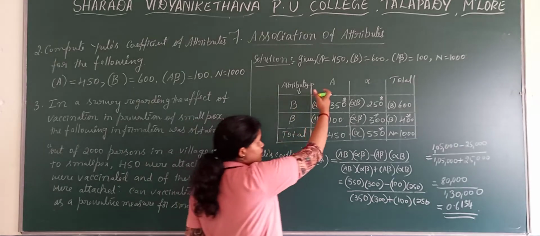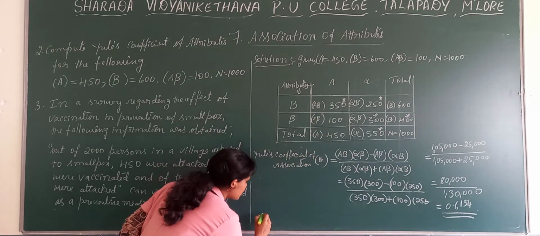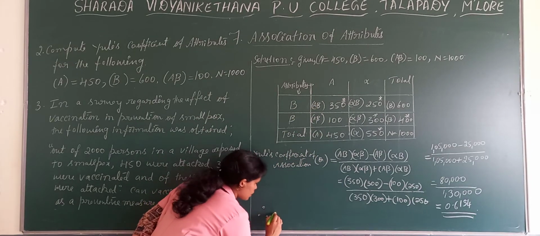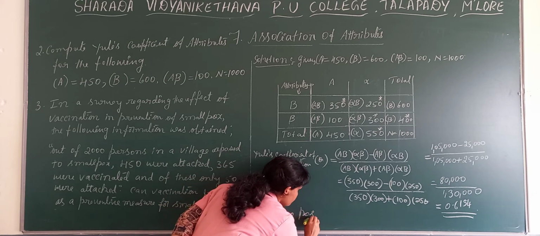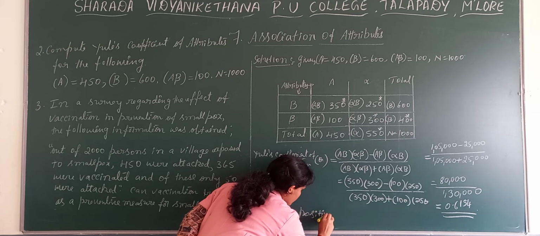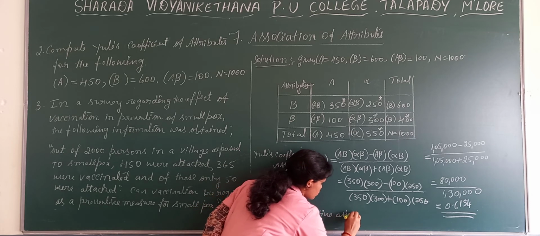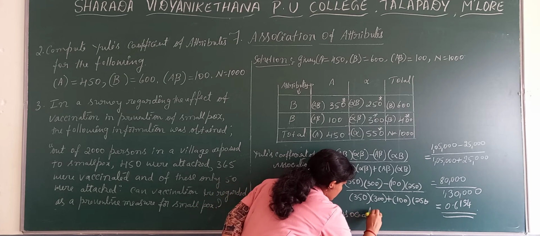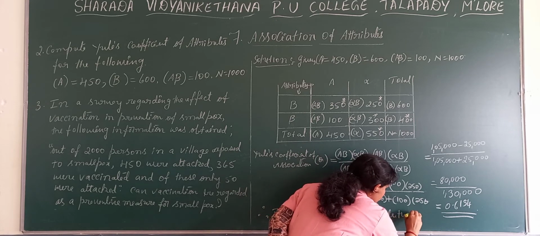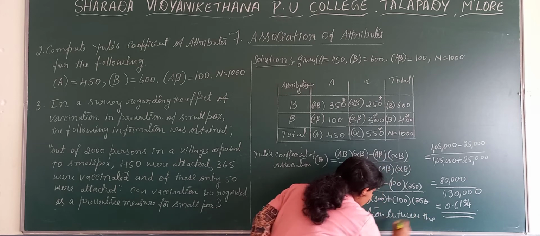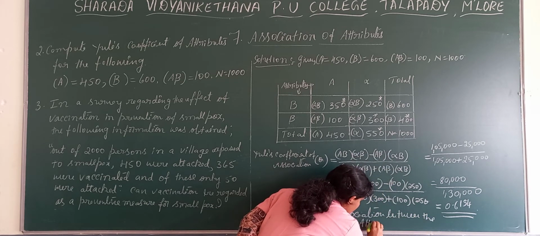But here they have just given A and B. So we will write here, there is positive association between the attributes.